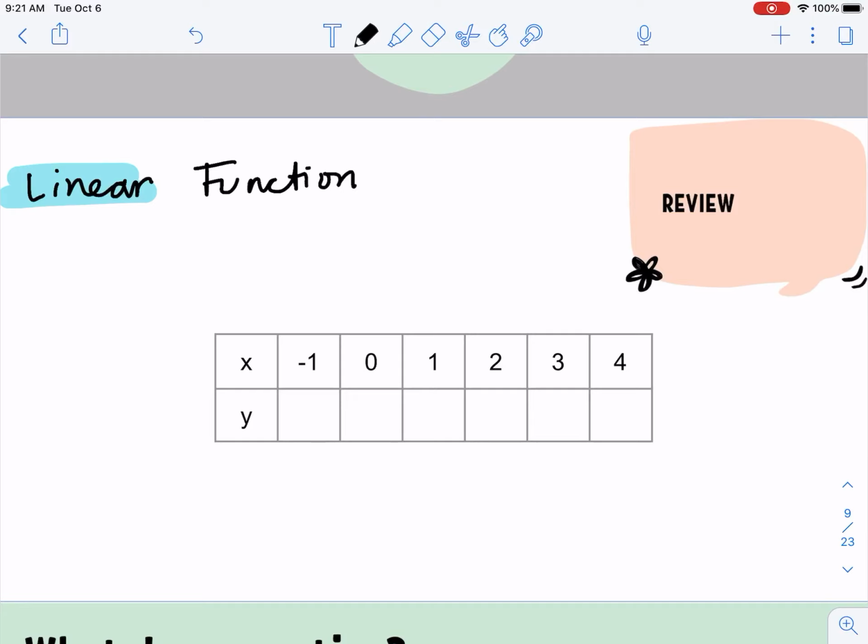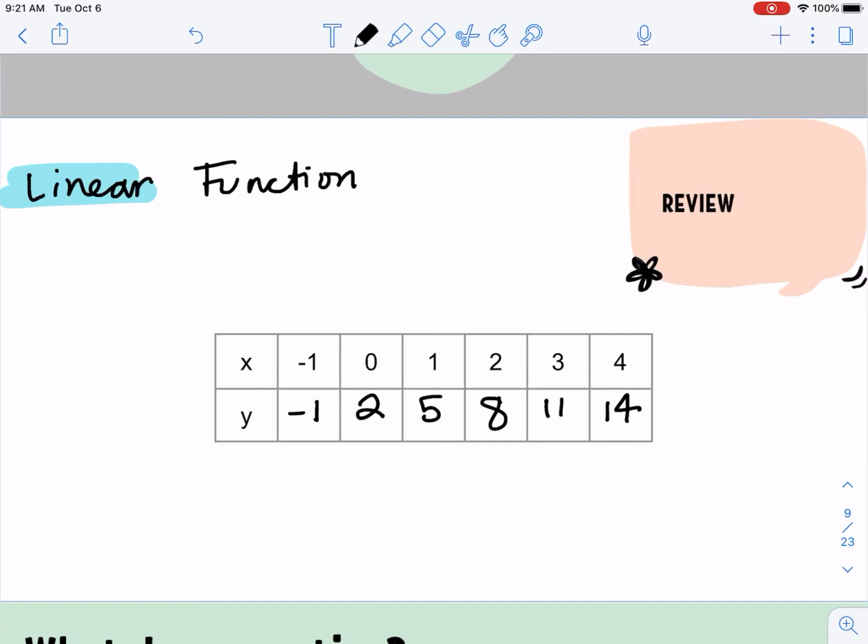So let's say we're going to start at x equals 0, y equals 2. And then we're going to have 5 and 8 and 11 and 14. And let's go back and let's say that x equals -1 will be y equals -1.